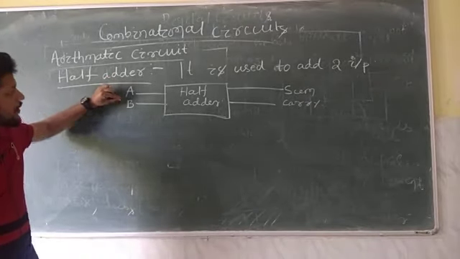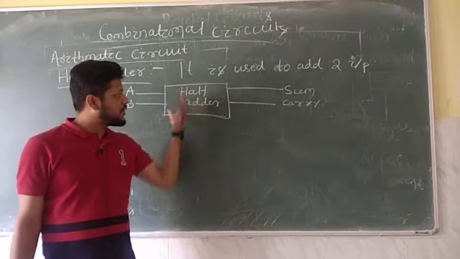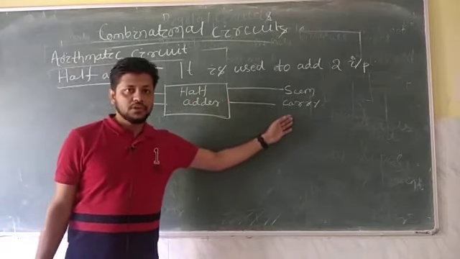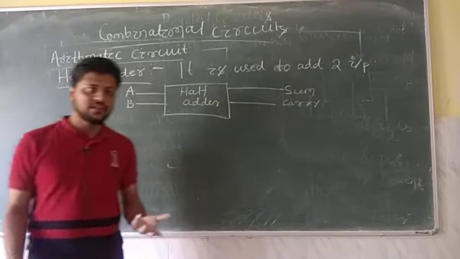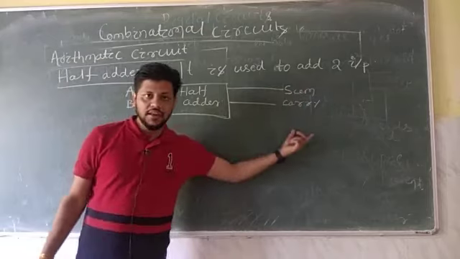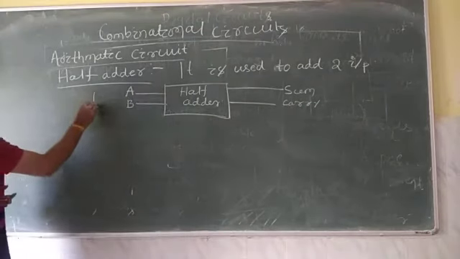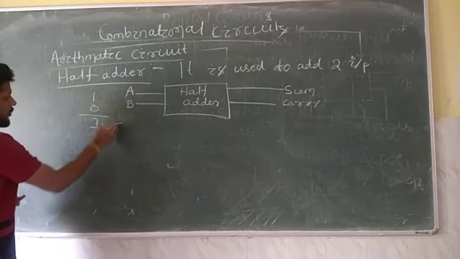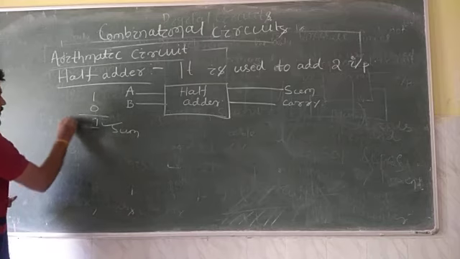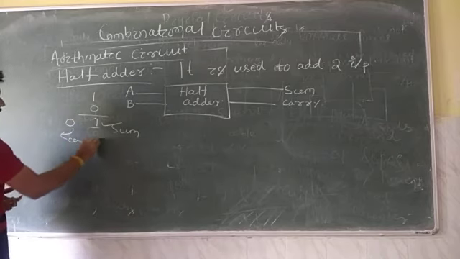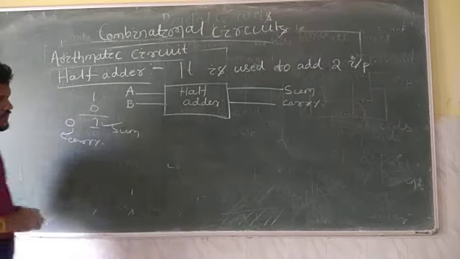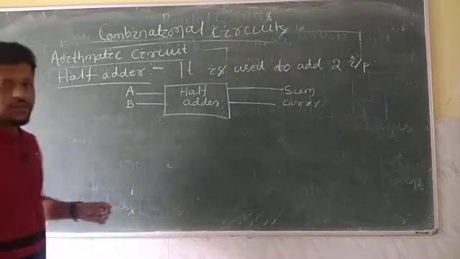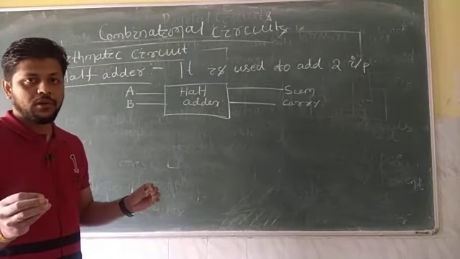We are going to add them, and the circuit processes these inputs and produces a result. In addition we have a sum and a carry. Suppose I am adding 1 and 0: the sum is 1 and the carry is 0, no carry. So the first step is over: we have identified the number of inputs and outputs.